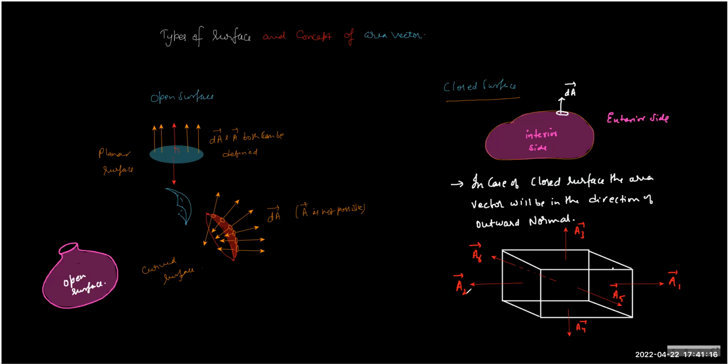So this is how you can see the area vector. And now you can go for the curved surface. So the same rule will be followed for curved surface. It must be curved, right? Yes, sir. That's the only rule.